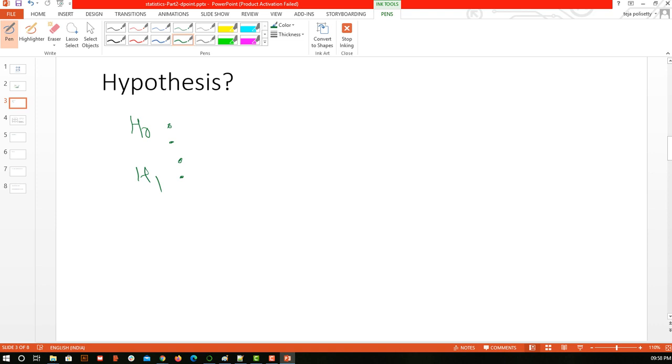The best possible example that everyone takes is this: suppose we have two columns x and y, or we can say rain and raincoat. Suppose we need to prove that when the rain is increasing, the demand for raincoat is also increasing. Let me write. Okay, so this we want to prove.